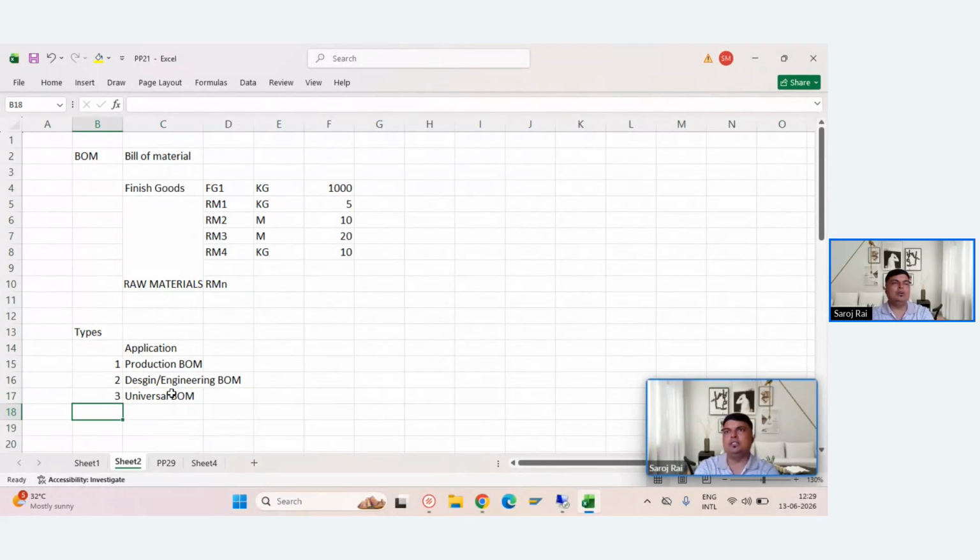Generally, as we are in manufacturing, the centralized head office is somewhere, and there will be a design or engineering team there, while my manufacturing plants will be at different locations. The centralized BOM will be one BOM, and it will be shared with the concerned teams.